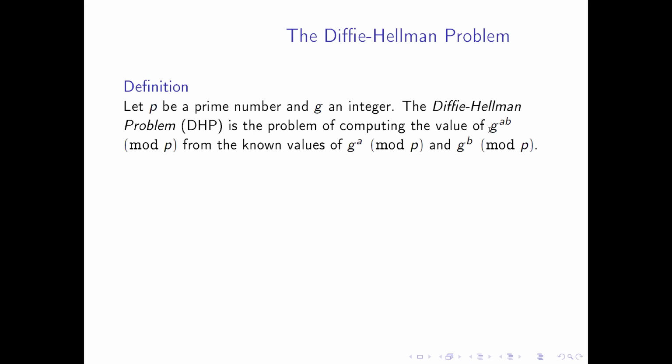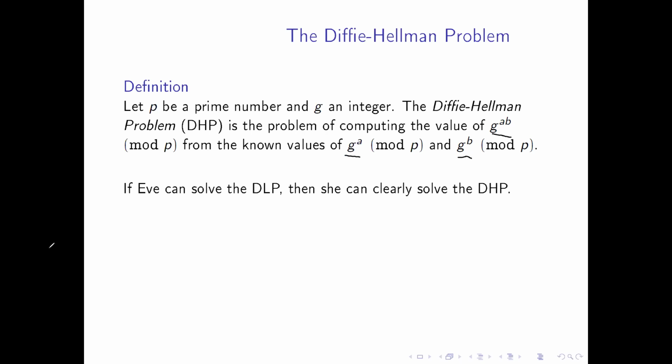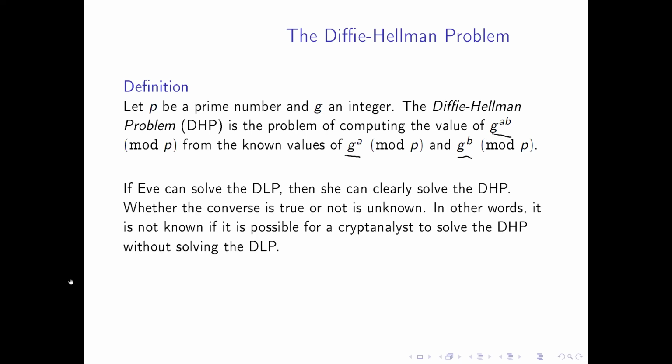Now, there's a couple things to point out about this problem. If Eve can solve the discrete logarithm problem, then I guarantee you she can solve the Diffie-Hellman problem, because if she can solve the discrete logarithm problem, then she can find a and b from G to the A and G to the B, and then all she has to do is compute G to the product of those two values. However, the question remains, and this is the open question, we don't know if the other way is true.